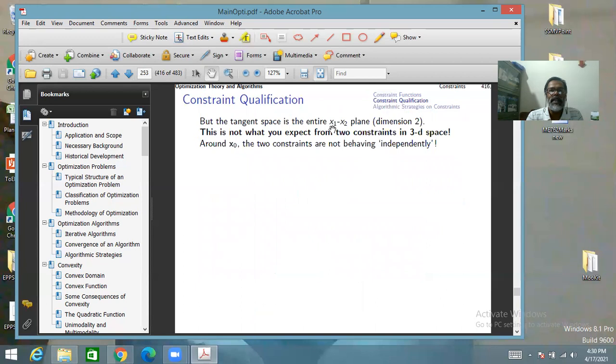The tangent space is the entire x1, x2 plane, and that is of 2 dimensions. And this is the point where things go down. This is not what you expect from 2 constraints in 3D space. So around the current point x0, the 2 constraints are not behaving independently. They are behaving in a very related manner. So this is one problem.